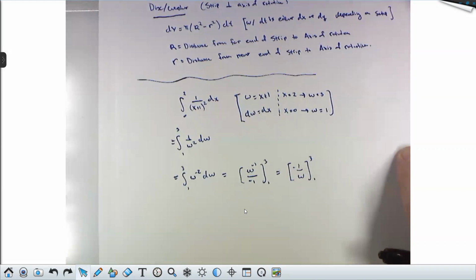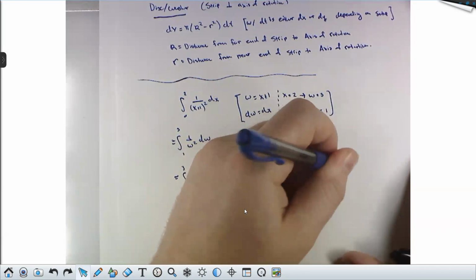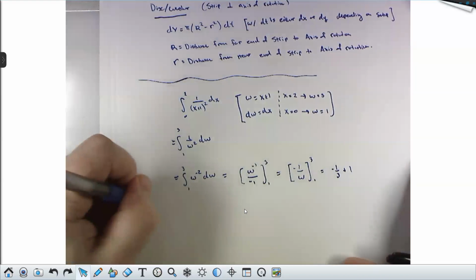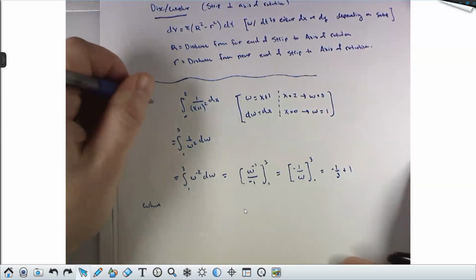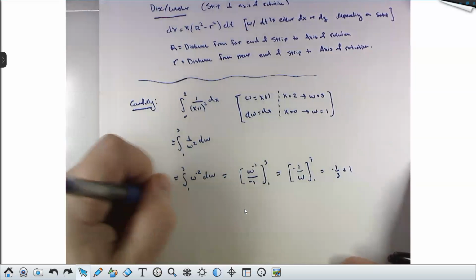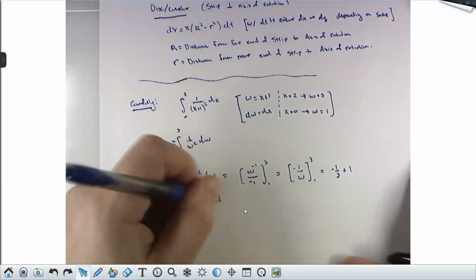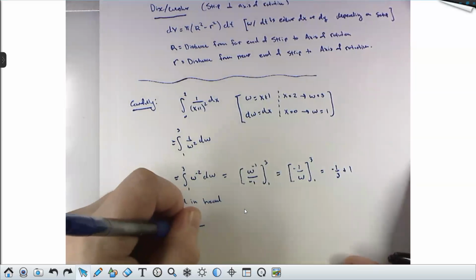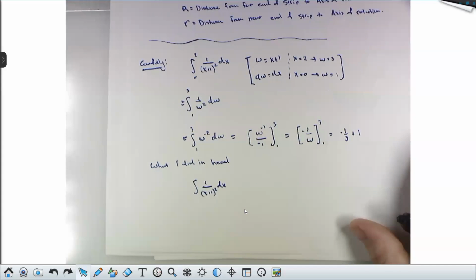So if we wanted to do this carefully, we could do it like this. And this would be negative 1/3 plus 1, which is what we're going to get when we evaluate that other piece. Now, what I'm doing in my head: I'm just going to pretend this is the indefinite integral of 1 over (X plus 1) squared dx, because I think I can do this in my head.